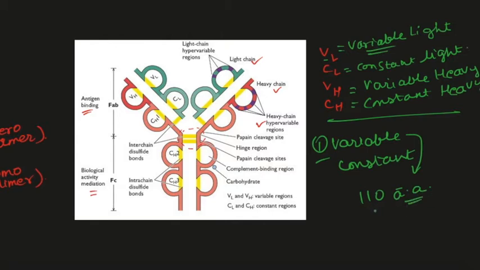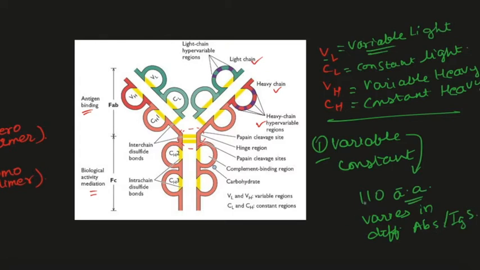Those 110 amino acids vary in different antibodies or different IGs.